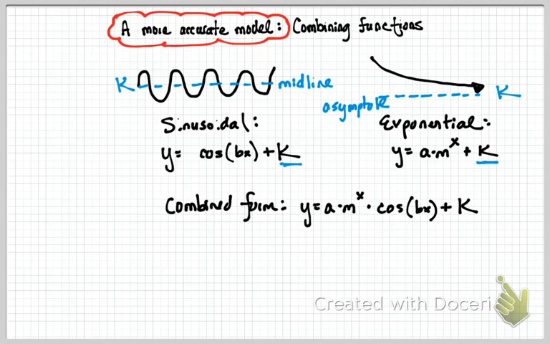We're going to look at each part here. So let's do the sinusoidal first. I'm going to color code this. So here's your sinusoidal and your exponential is this. So again, you have an exponential sinusoidal function.